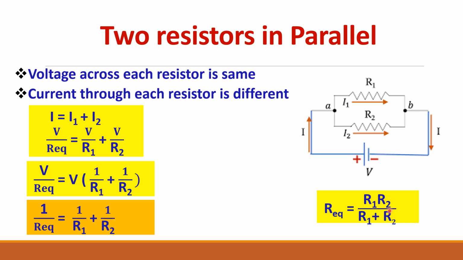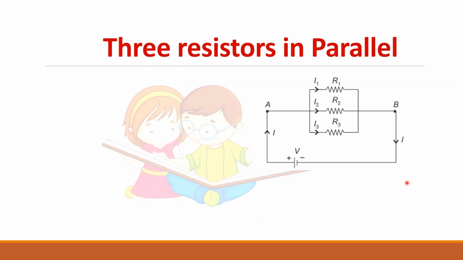Only when you have two resistances in parallel is it easy to apply this. Otherwise you can keep this as such, because when you have 4 or 5 resistors in parallel, it is difficult to derive this. So let us take the second case where 3 resistors are in parallel.